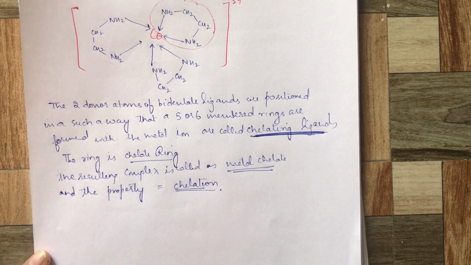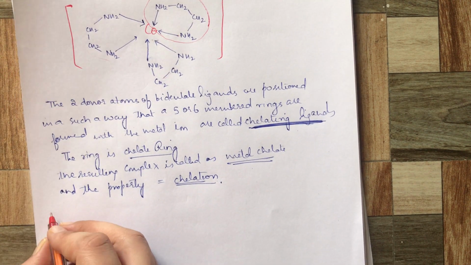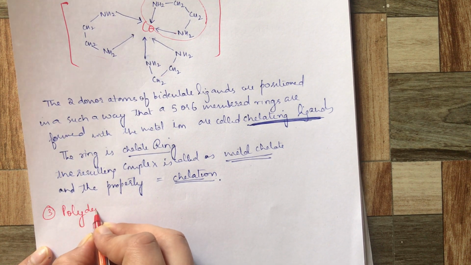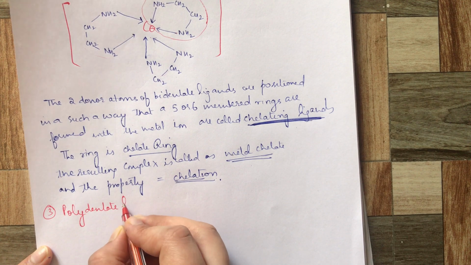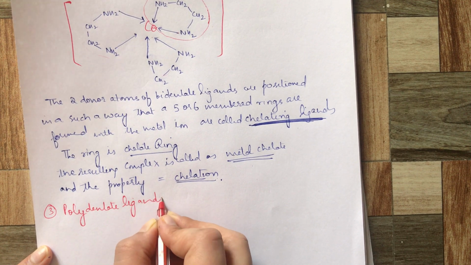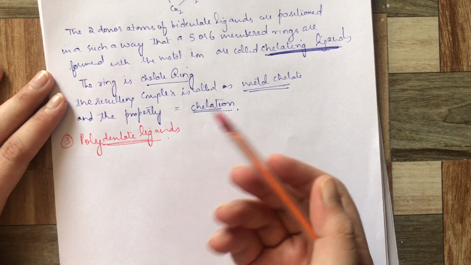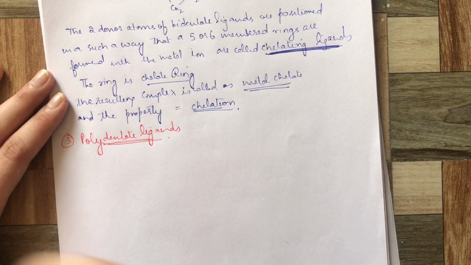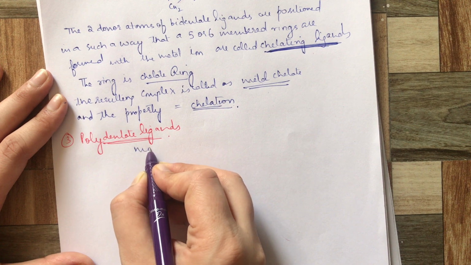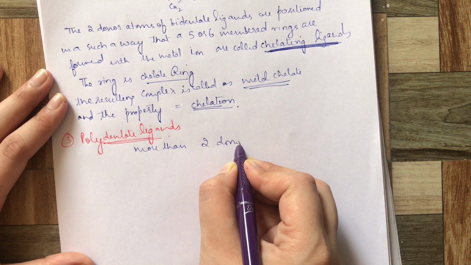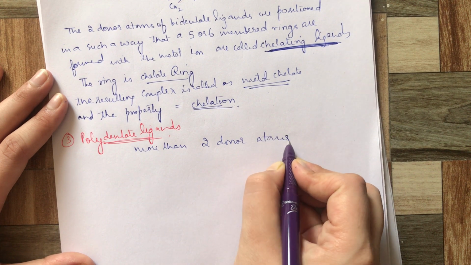Similar to bidentate ligands, we have polydentate ligands. Polydentate ligands have more than 2 donor atoms.